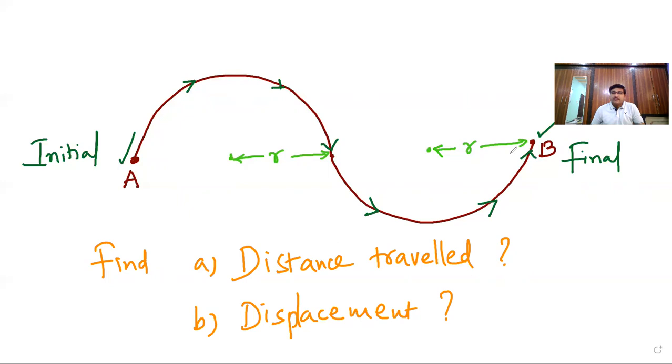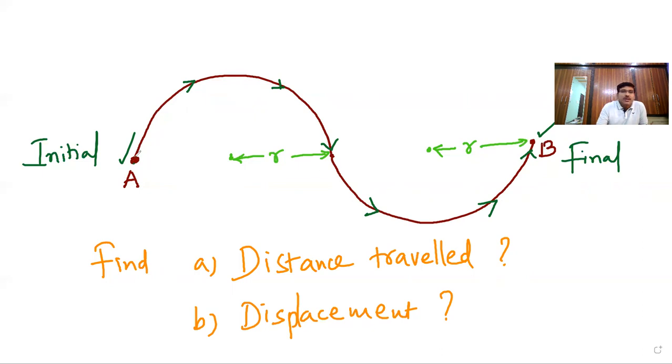Distance is nothing but the complete path length traveled. From A he goes along a semicircular path having a radius R, then again along the downside semicircular path having a radius R. So this is the total distance traveled.